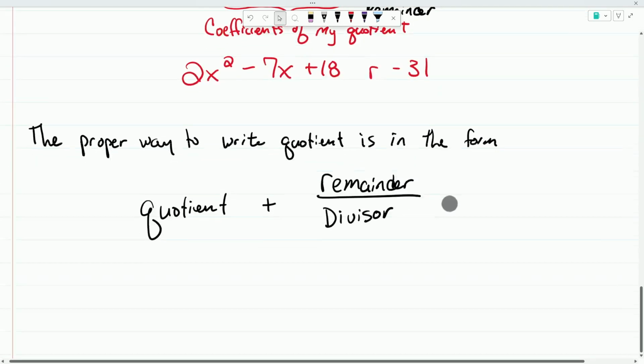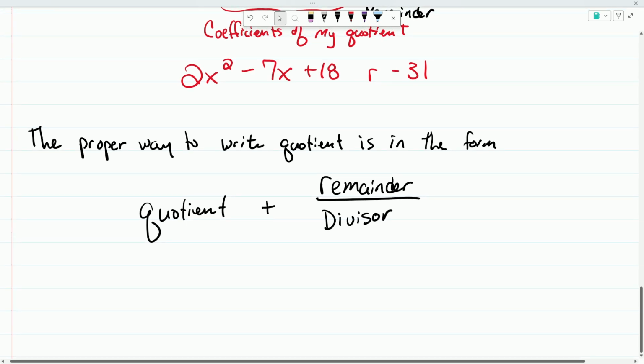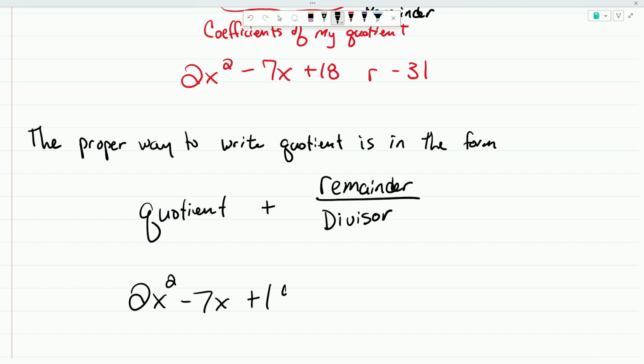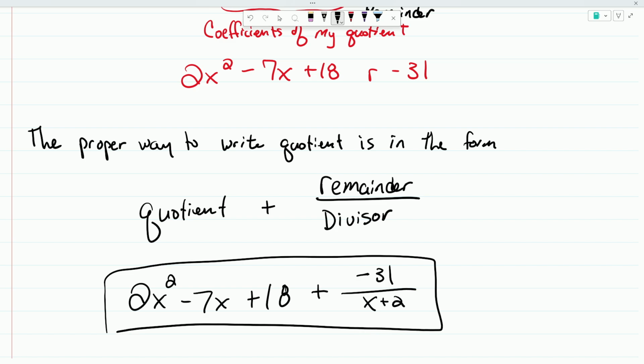So technically, this answer is really 2x to the second minus 7x plus 18 plus negative 31 over x plus 2. All right? And that is the answer.